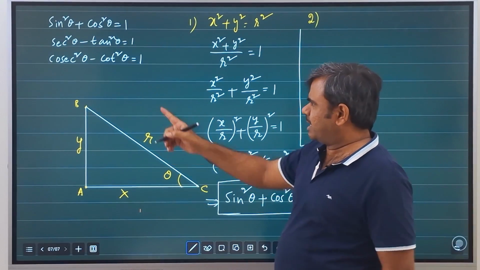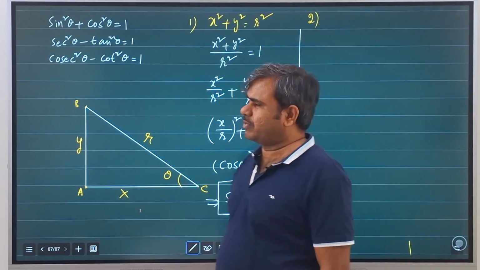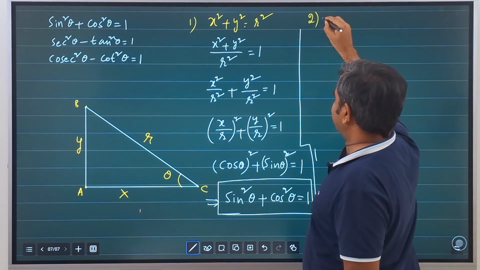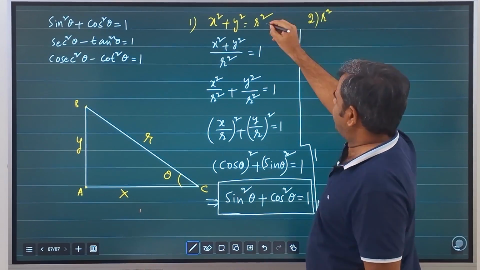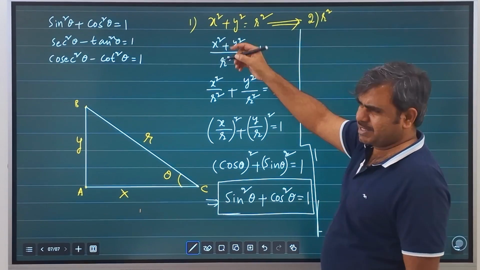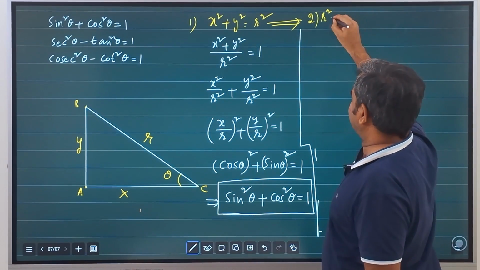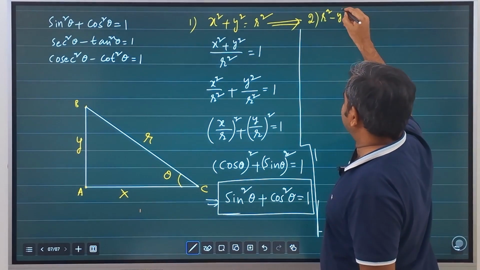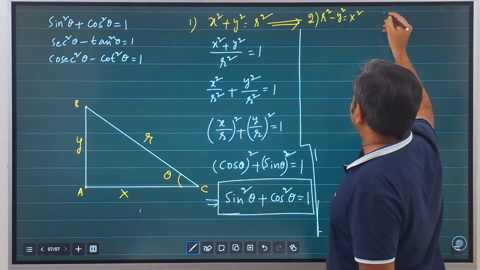Now look at the second identity. Secant square theta minus tan square theta is equal to 1. This can be derived from Pythagoras theorem only. From the same equation we can write r square minus y square is equal to x square.